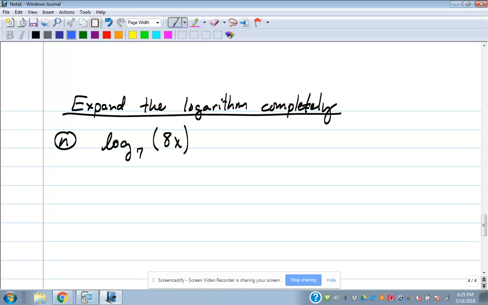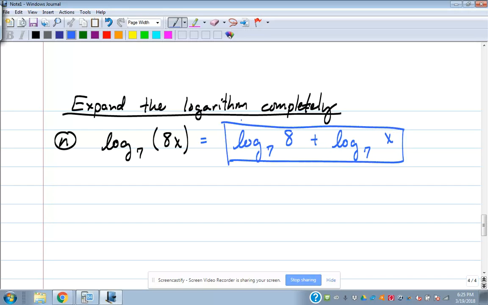So we look at what we're taking the log of. What's going on between the 8 and x? They're multiplying. Multiplication in logarithms turns into addition. Log base 7 of 8 plus log base 7 of x. And you've expanded that logarithm completely.